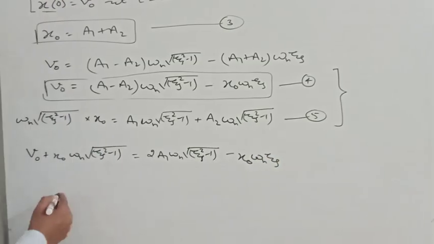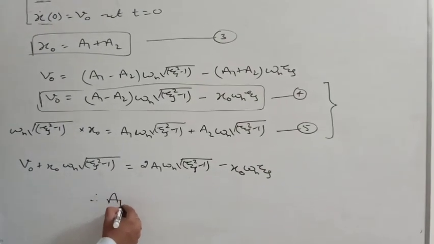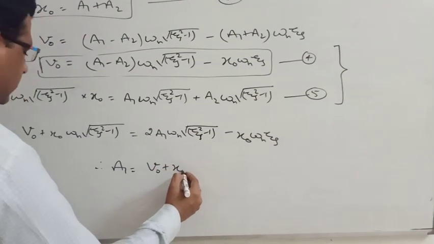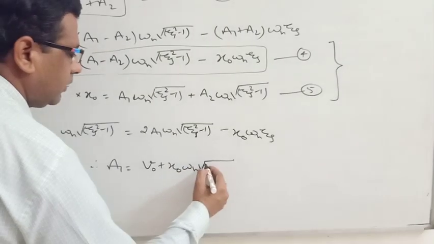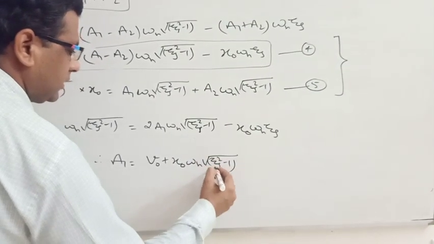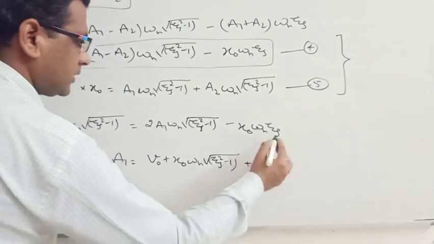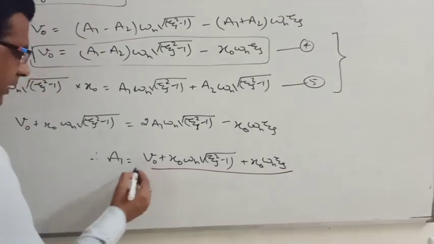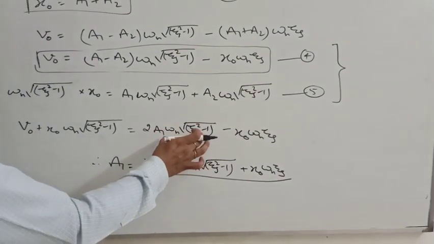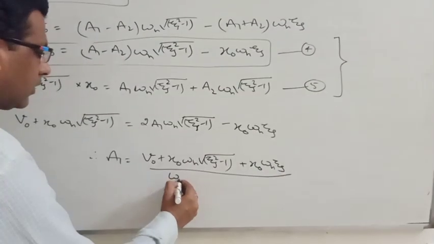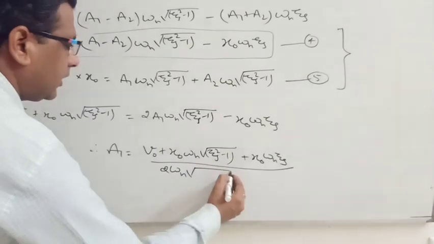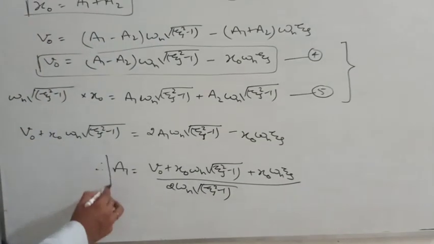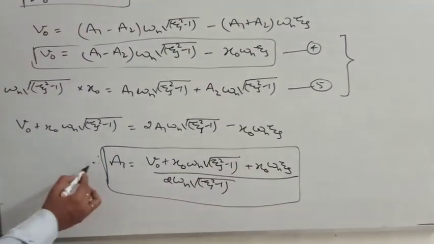From this equation we can calculate the value of a1. The value of a1 equals x naught omega n under root of zeta square minus 1 plus, transferring this, x naught omega n zeta, divided by twice omega n under root of zeta square minus 1. This is the value of constant a1.